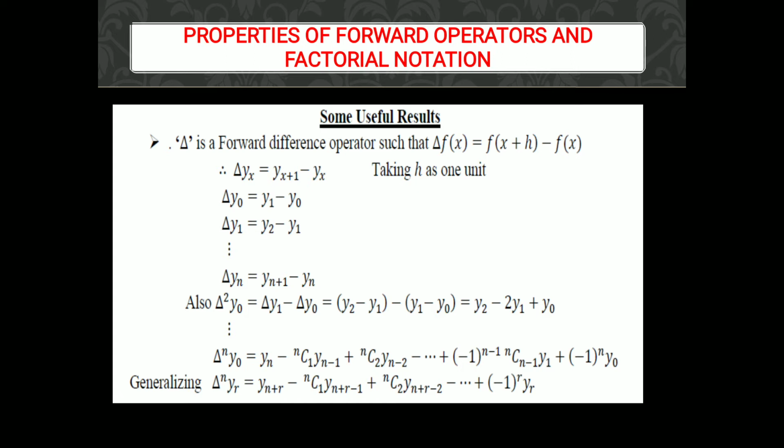Generally, the nth order forward difference for any function denoted by yr is given as y_(n plus r) minus nC1 y_(n plus r minus 1) plus nC2 y_(n plus r minus 2) minus and so on, plus minus 1 raised to n yr. This is the general formula for nth order forward differences.